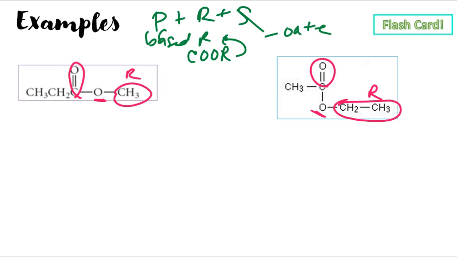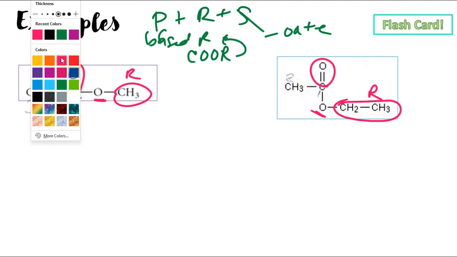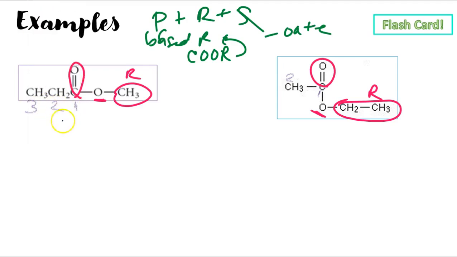And then when it comes to naming, we want to make sure we're going with the longest carbon chain that attaches to that carbonyl group. So here we have carbon 1, 2, and 3. Here we just have carbon 1 and 2. All right. What we do now, we put it all together. If this is a 3-carbon chain, that means we're going to have propane as our overall longest portion, or as our root.